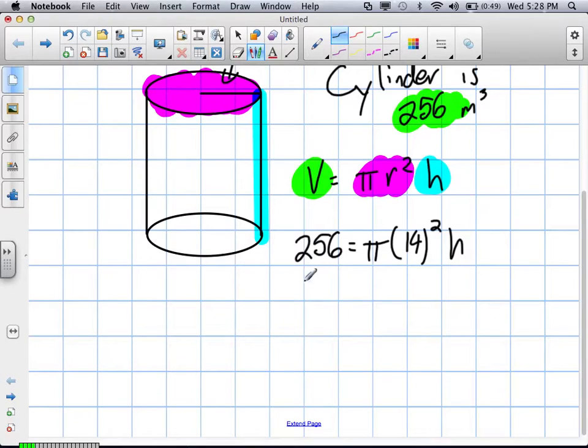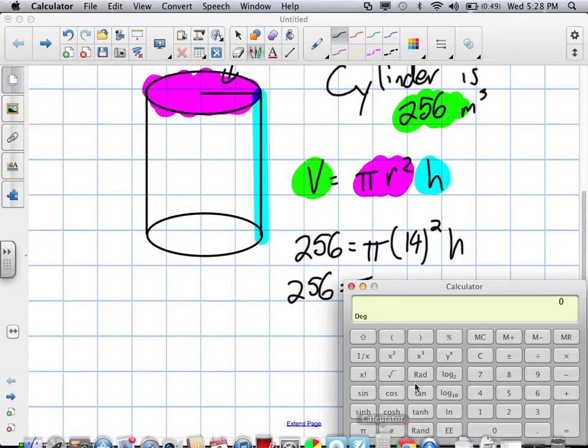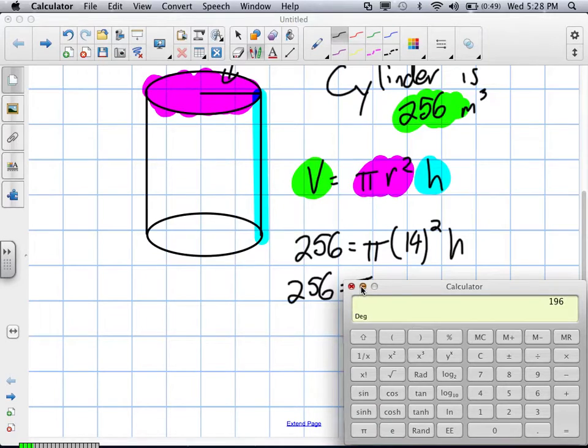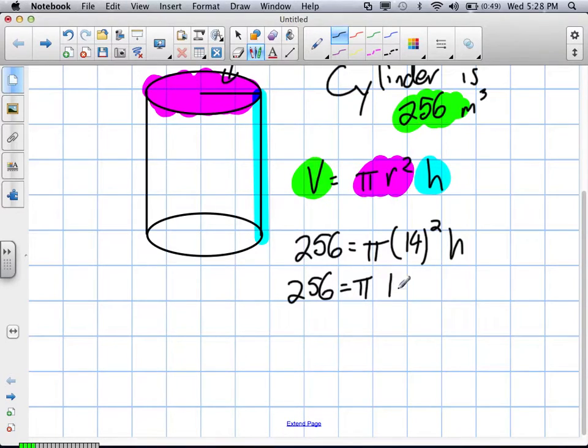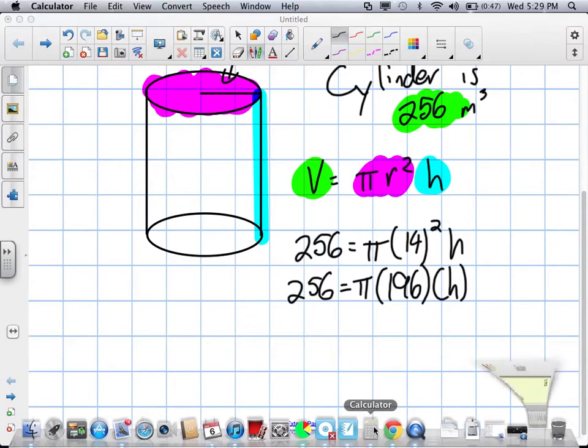So we work on this. 256 is equal to pi times, let's find out what 14 squared is. 14 squared is 196. So pi times 196 times h. We're actually going to figure out what pi times 196 is, so we get our exact number here.